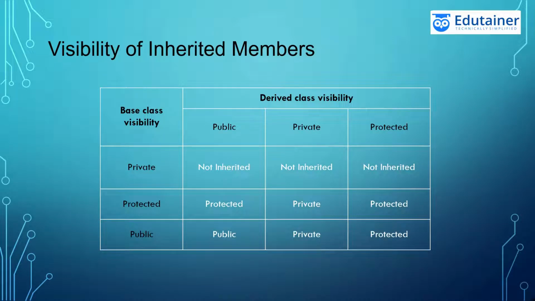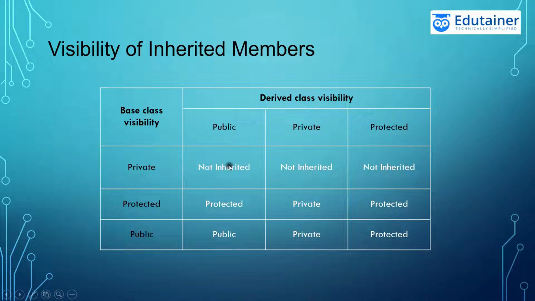Visibility of inherited members. You can see over here the base class visibility and the derived class visibility. The base class is our parent class and the derived class is our child class. If our base class is private and our derived class is public, we cannot inherit.